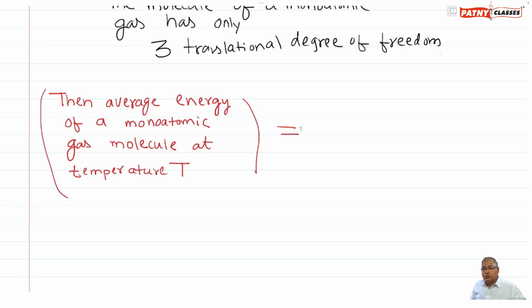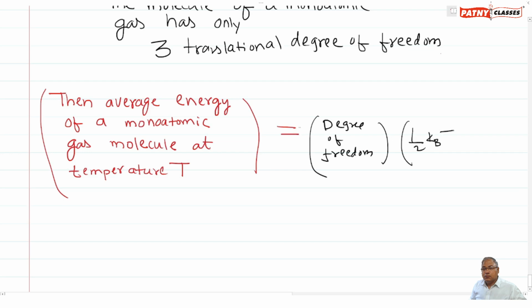Since the average energy of a monoatomic gas molecule at temperature T equals degrees of freedom multiplied by half Kb multiplied by T, and for a monoatomic gas the degree of freedom equals 3, because the molecule has only 3 translational degrees of freedom, no rotational and no vibrational freedom.